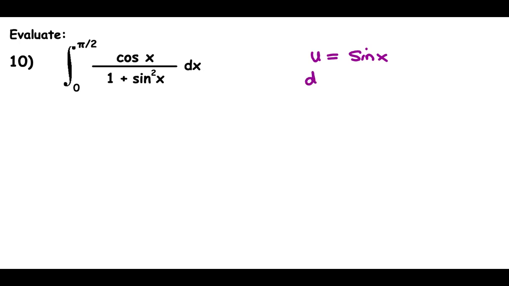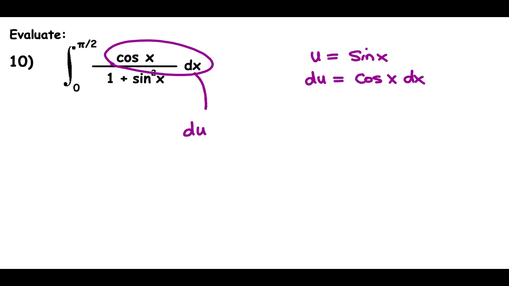In this case, if you just make u sine of x only, the derivative du is cos x dx, which is easily accessible. We happen to have it just where we need it. So that magenta circled thing is du. Come on down. And we have, let's see, 1 over 1 plus, and u is sine of x, so that's going to be u squared.